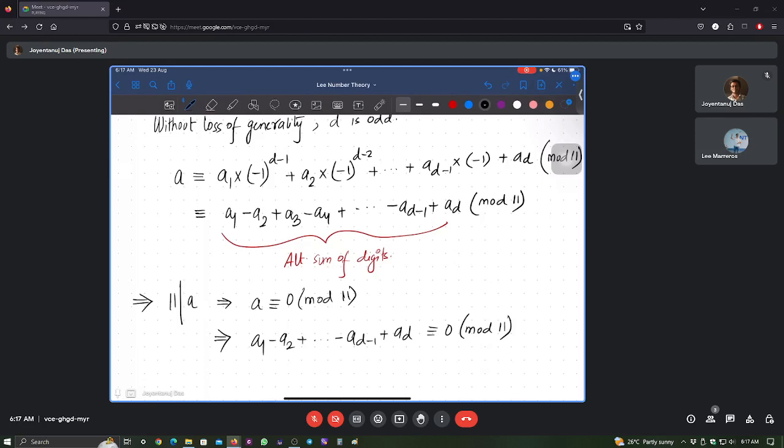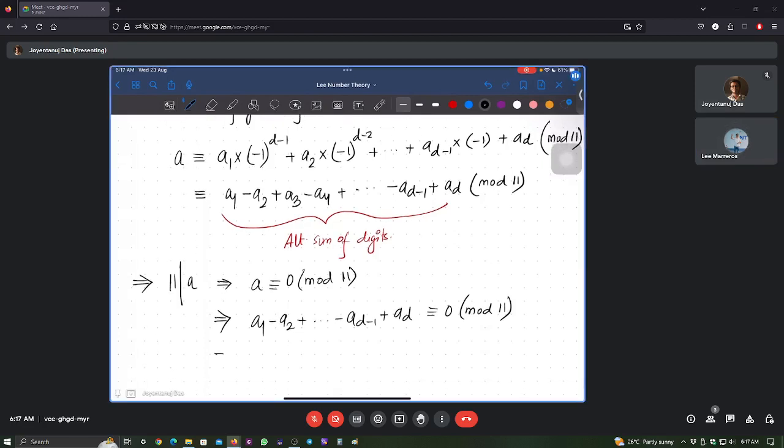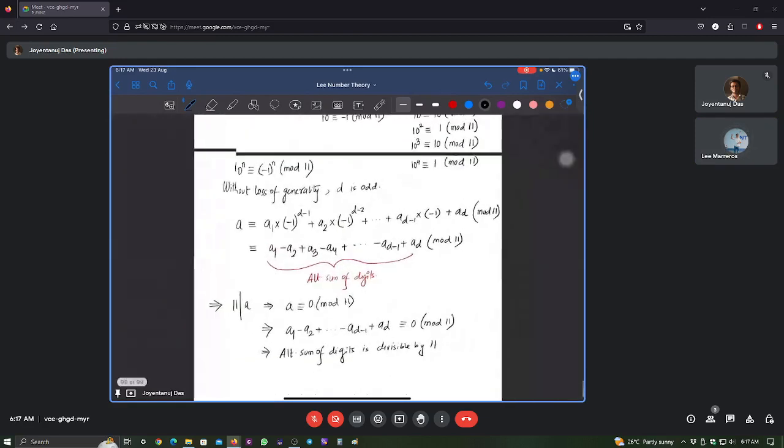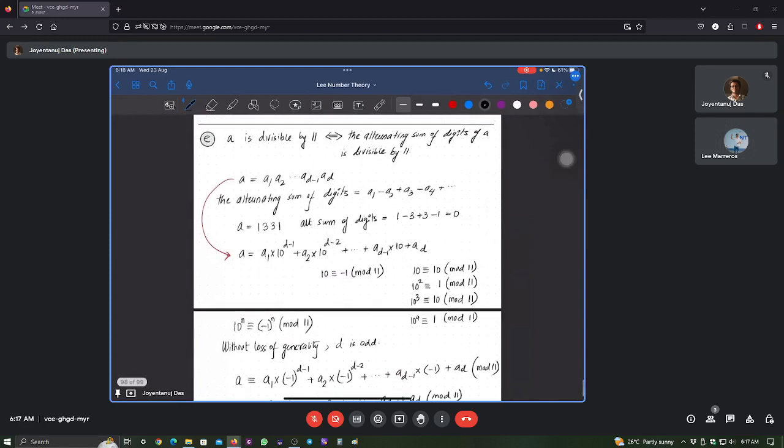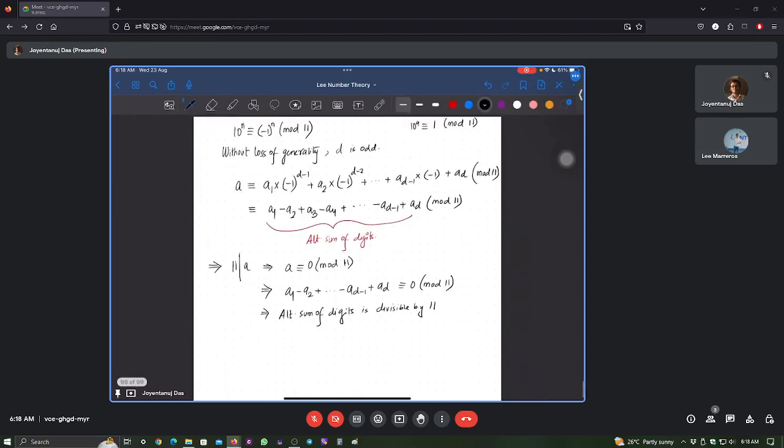This implies that the alternating sum of digits is divisible by 11. Similarly, we can do it the other way around. If you assume that the alternating sum of digits is divisible by 11, we can prove that A is also divisible by 11. That is the same way.